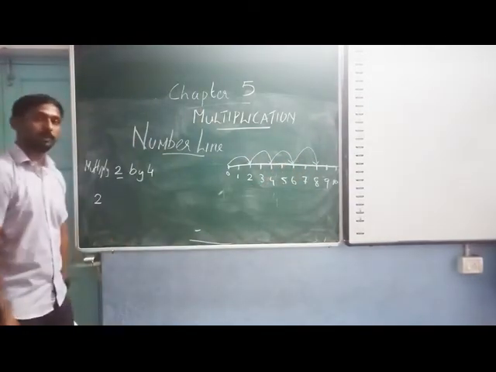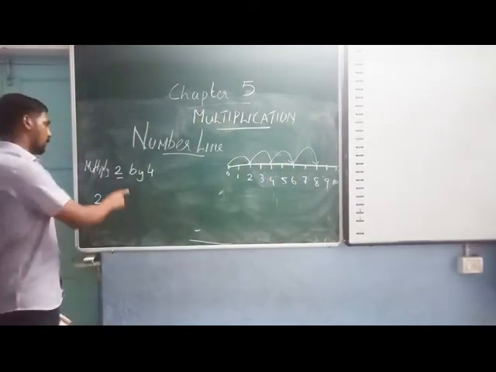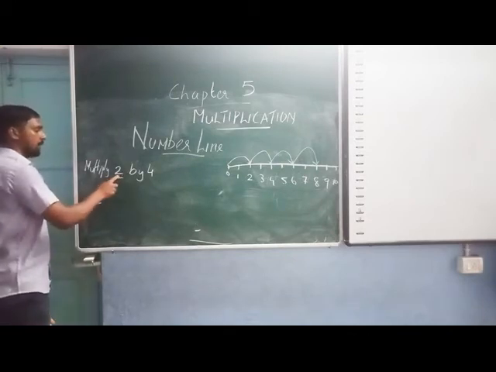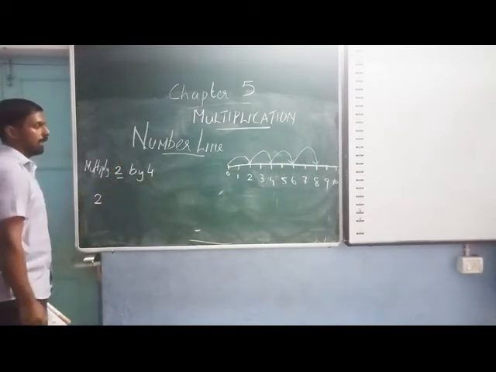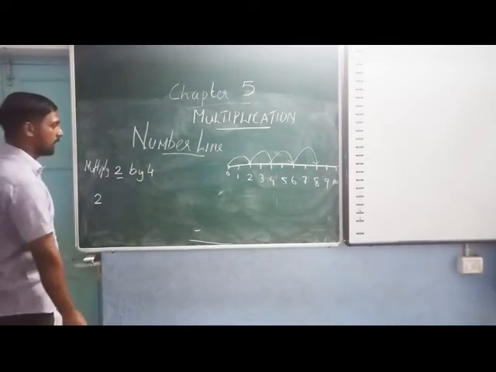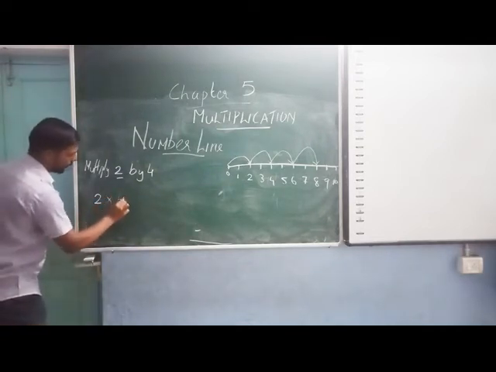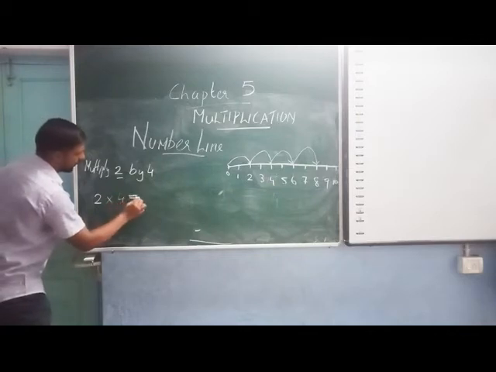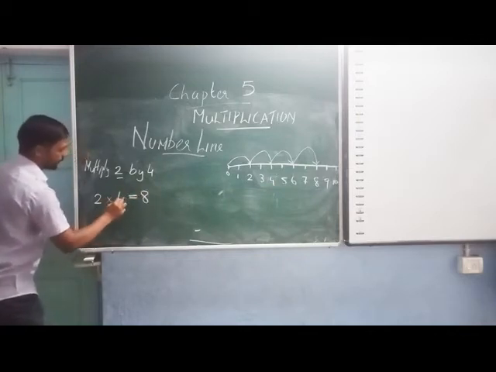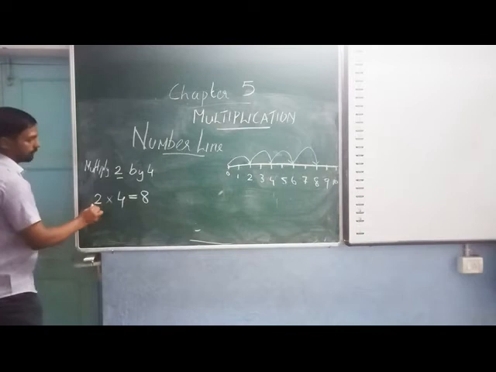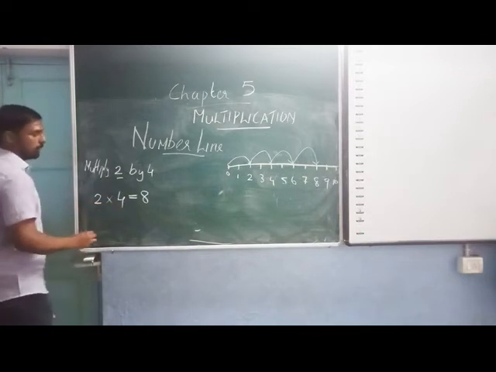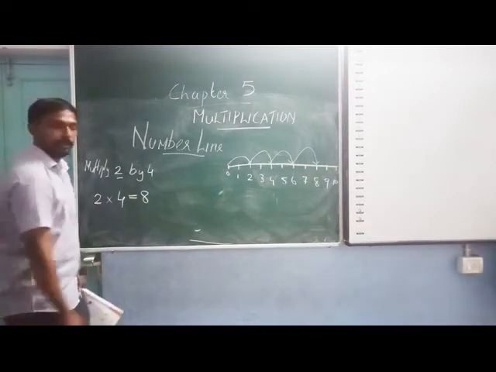Like a frog, we are jumping based on numbers. We are jumping 2 numbers each for 4 times and we reach 8. So 4 into 2 is equal to 8.